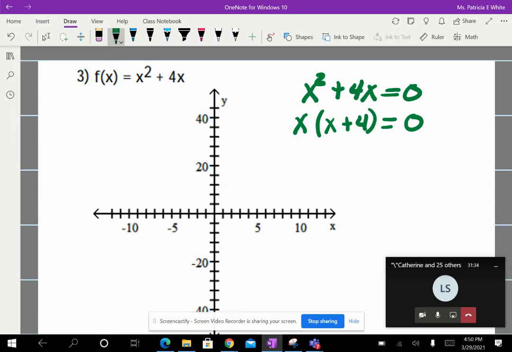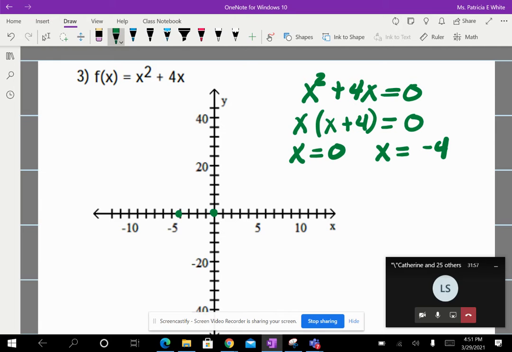So that means that I have an x-intercept at x equals 0 and x equals negative 4.